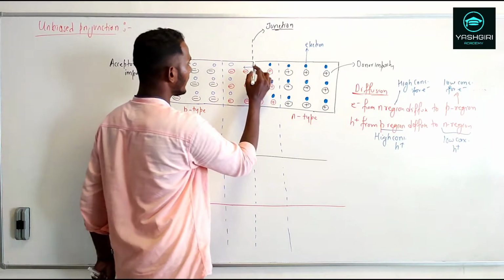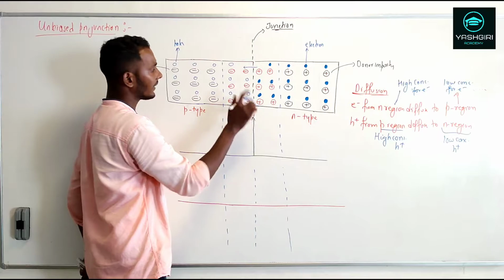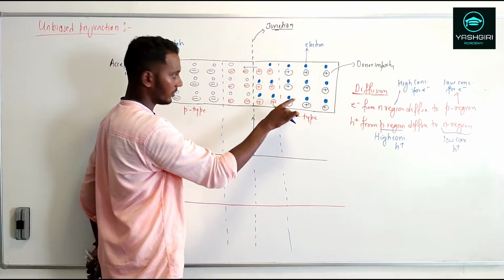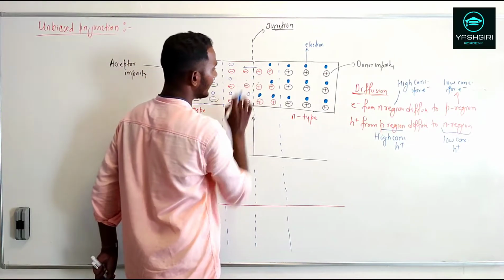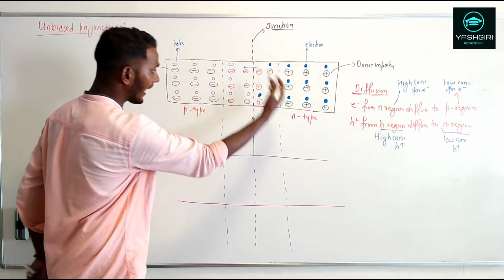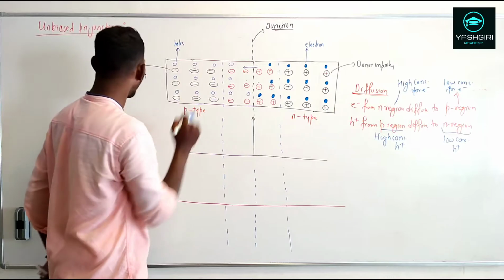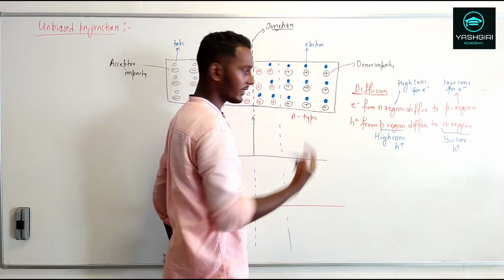At the same time, the holes are also moving. You can even say that the holes are recombining with the electrons in the n region. So what we are basically getting is the recombination process. The electrons are recombining with the holes and getting neutralized. So I can say that recombination of the hole and the electron is taking place.